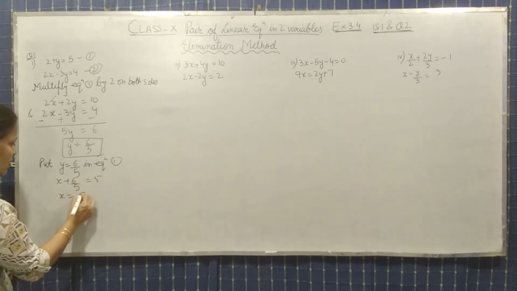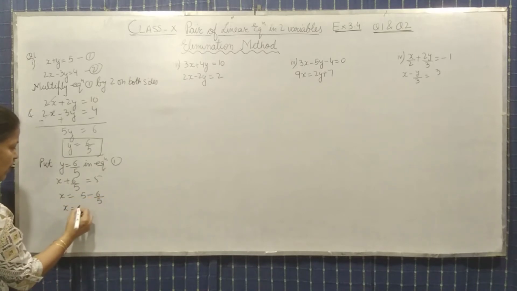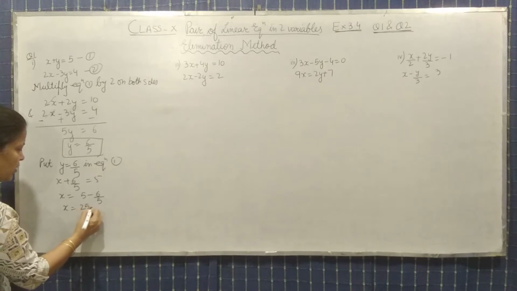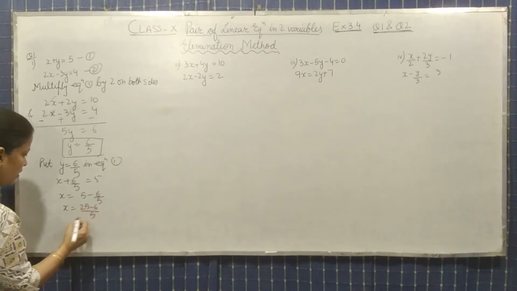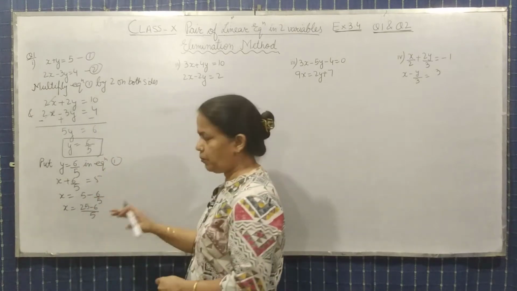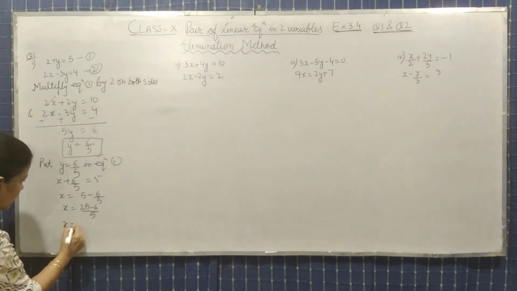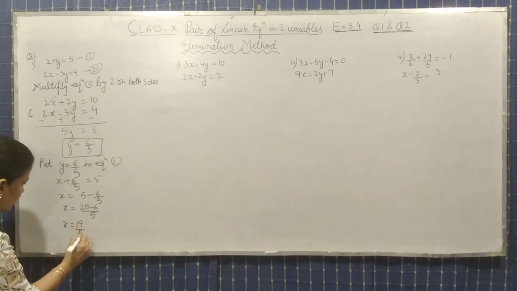Solve कीजिए to get the value of x. So it will come 25 minus 6 upon 5. So what will be the answer? 25 minus 6 upon 5. So the answer which you will get, x equal 19 upon 5.